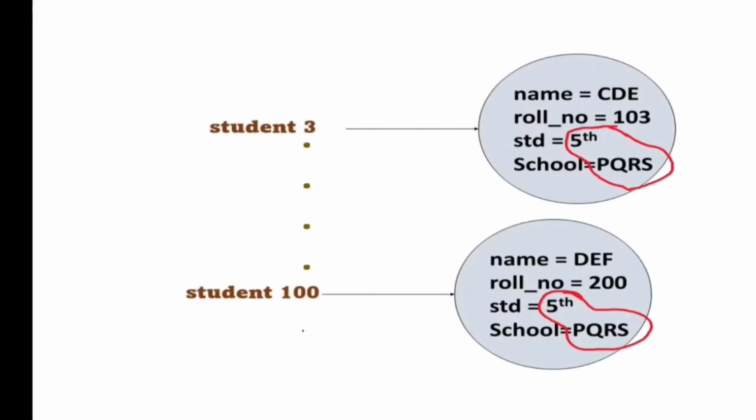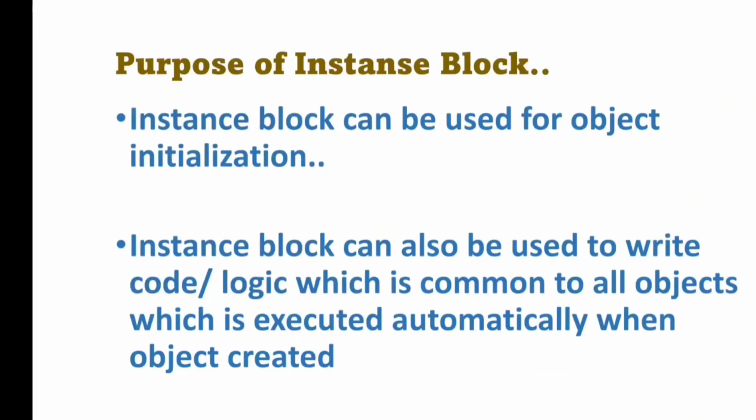So there are two purposes of instance block in Java. First, instance block can be used for object initialization. That means we can use instance block for object initialization, but generally we don't, because if we use instance block for object initialization, then all the objects will initialize with the same values, which is totally useless.